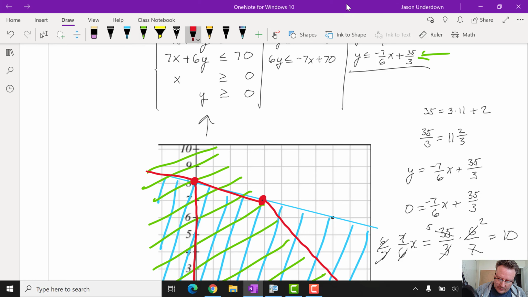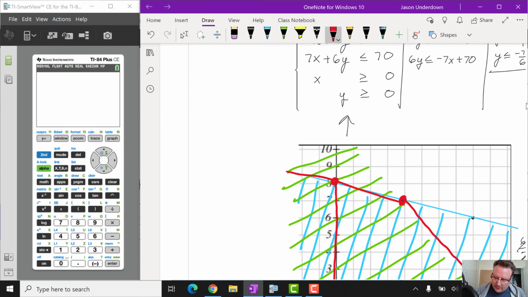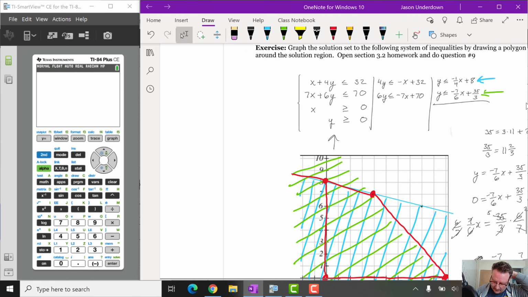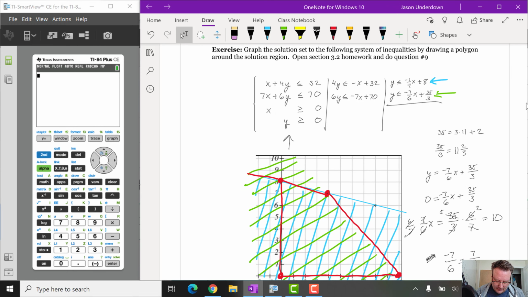Okay, so let's see here. I want to be able to see the system.